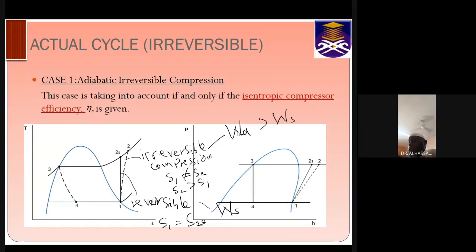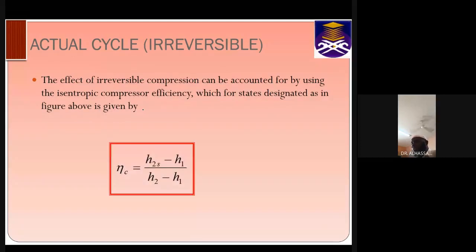So we define a new parameter called isentropic efficiency. The isentropic efficiency for a compressor is defined as WS, which is the smaller one, divided by WA.